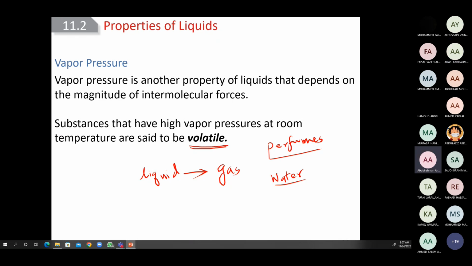Not only that, you can smell it everywhere, right? Water has no smell, and it will stay as liquid. It will not change to gas. If it's not volatile, it will not go everywhere in the room.